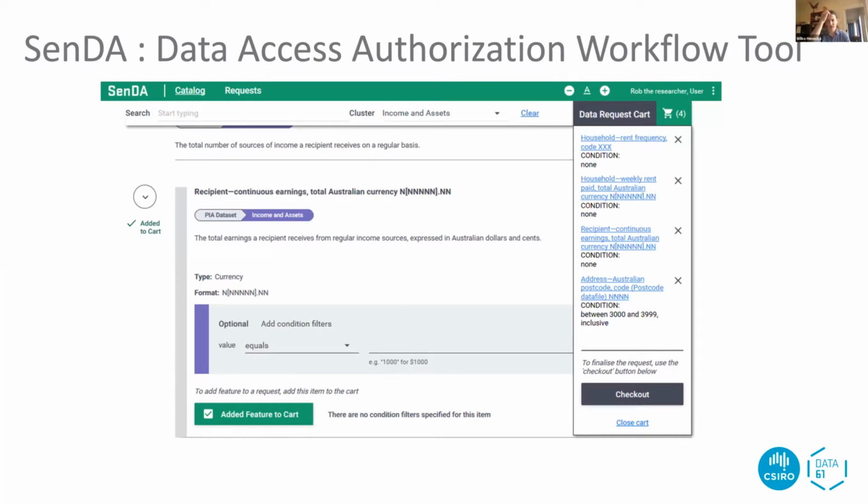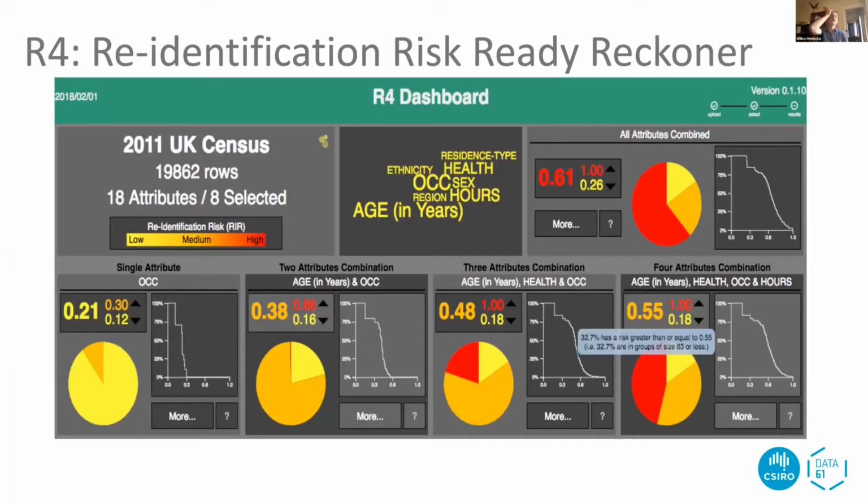Also in the control layer, we've got re-identification risk. In the past, we've seen some examples where there were data leaks, although the people did due diligence. Think of the Netflix dataset or the MBS/PBS dataset. They de-identified and did all kinds of tests, but that wasn't enough. So we thought, how can we help with technology?